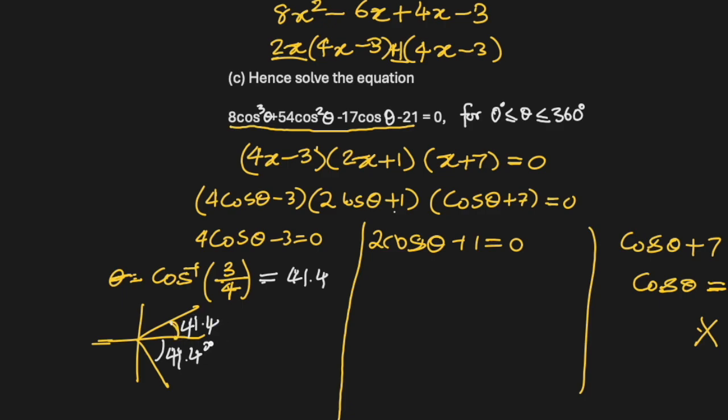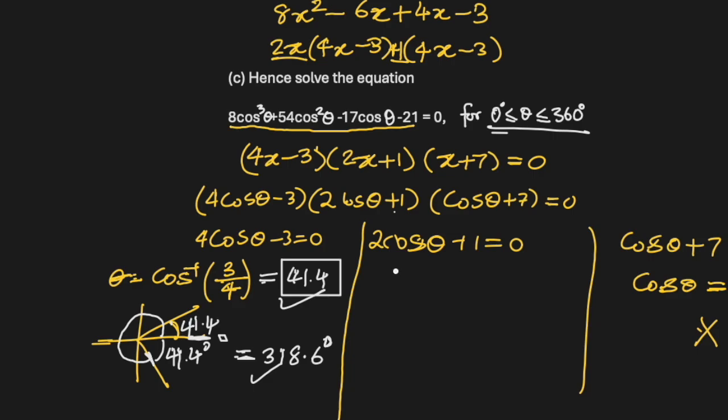So the first answer, if I start from 0, is 41.4. The second answer, starting from 0 and reaching this line, will be 360 minus 41.4, which comes out to 318.6. So we got a solution in this one. First and second, because they are between 0 and 360, that's fine.